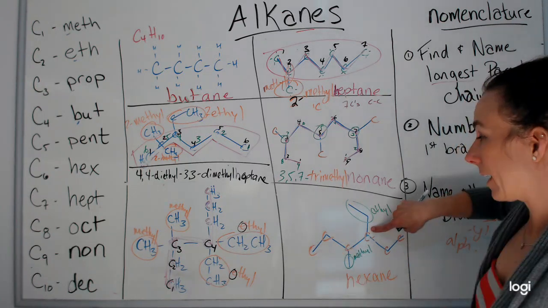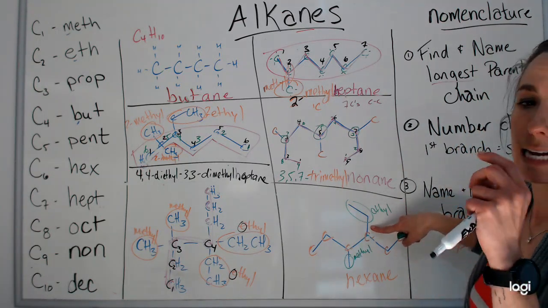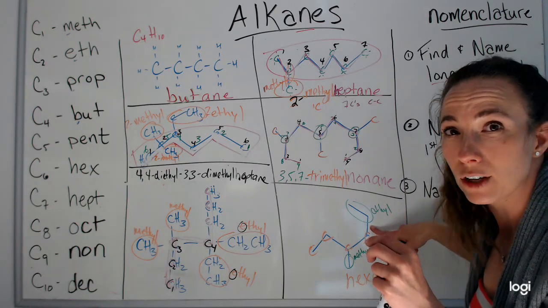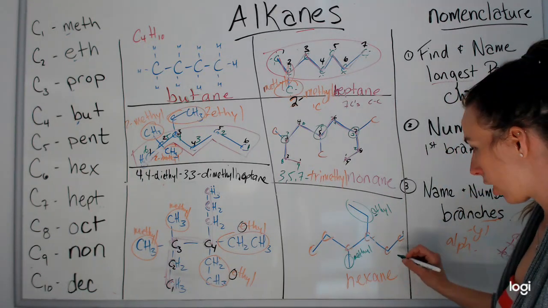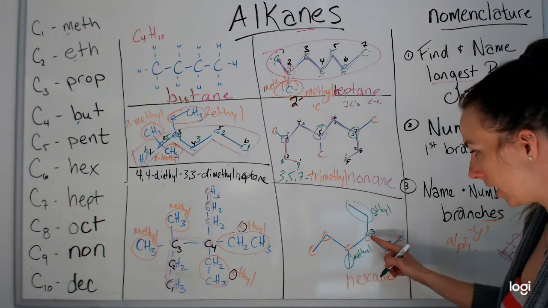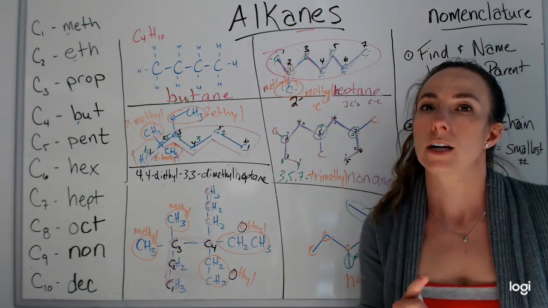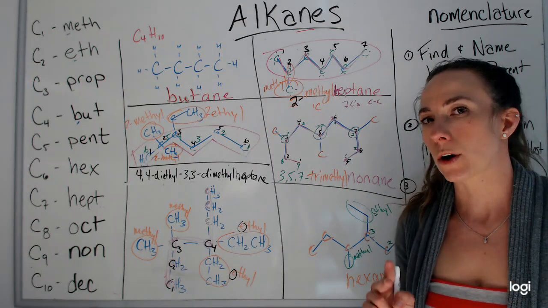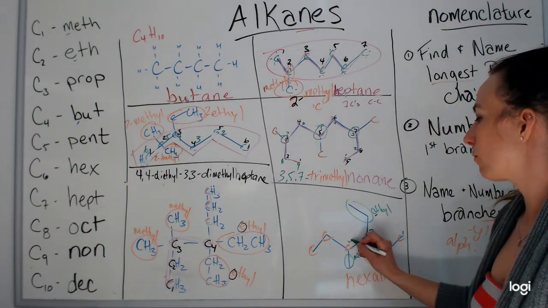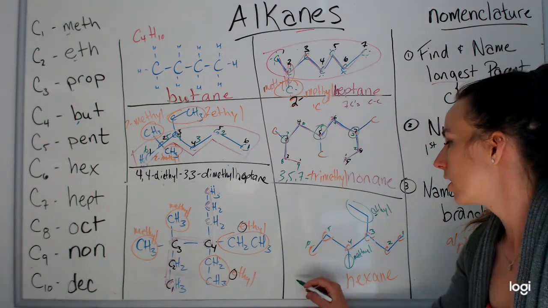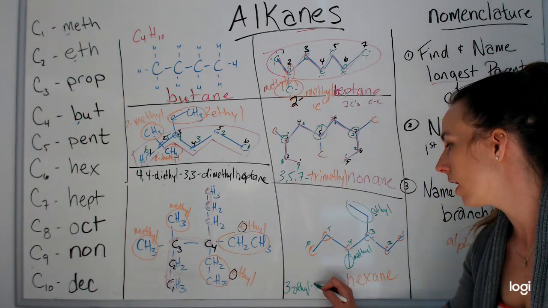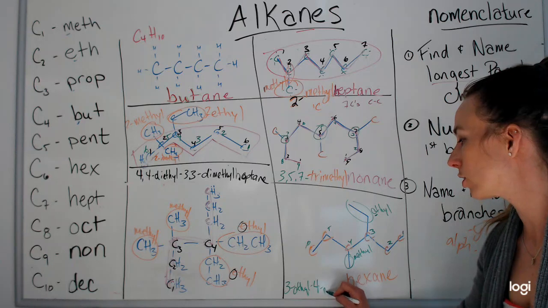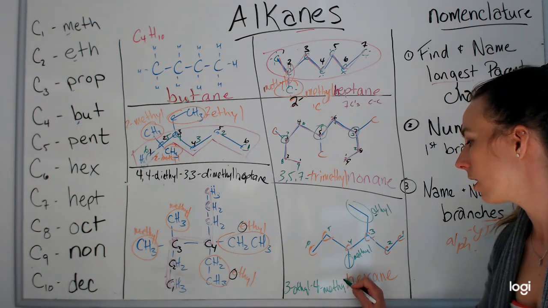So this guy gets to be the winner because his branch has a lower letter in the alphabet. So carbon 1, carbon 2, carbon 3, because I hit a branch first and my branch is lower in the alphabet. Carbon 4, carbon 5, carbon 6. So this becomes 3-ethyl-4-methylhexane.